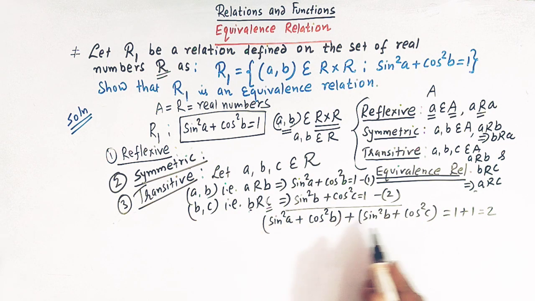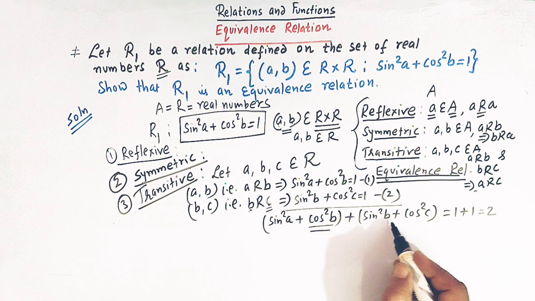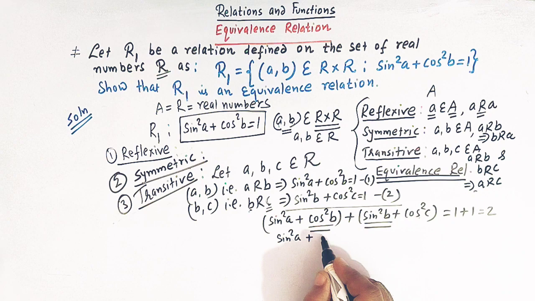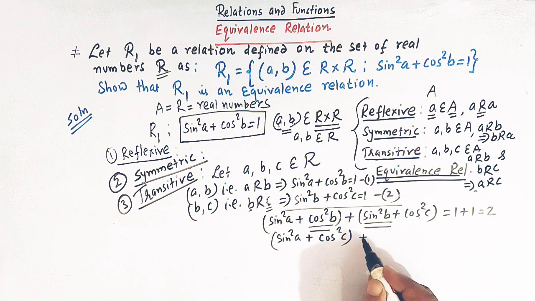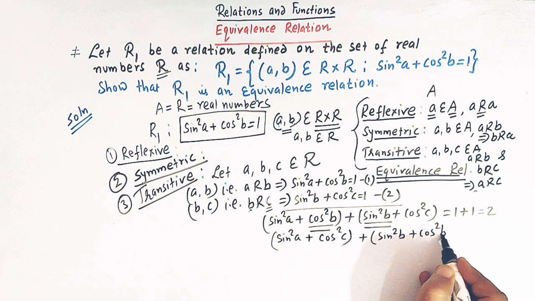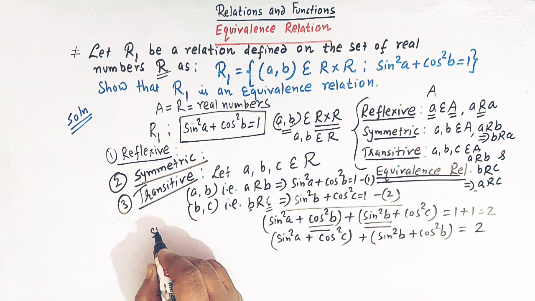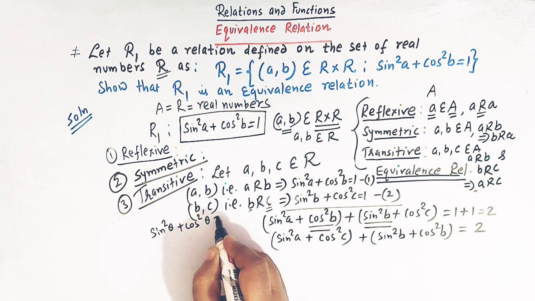Now let us combine these two terms, that is cos square B plus sine square B, right? So we have sine square A plus cos square C, and here we have sine square B plus cos square B, that is equal to 2. And from trigonometry we know that sine square theta plus cos square theta is equal to 1.